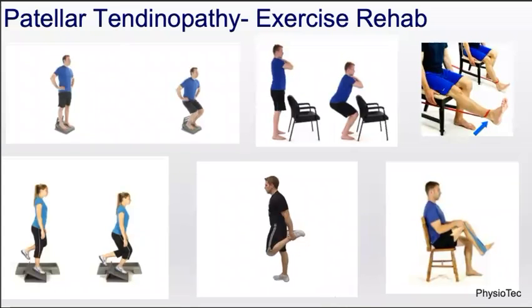Here are some common exercises that are prescribed for patellar tendinopathy. You've got essentially eccentric squats, double leg or single leg. You can obviously give them a declined standing board or a declined stool. What this does is it allows for more increased loading to the quadriceps.